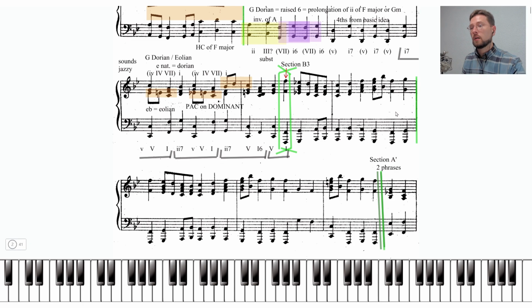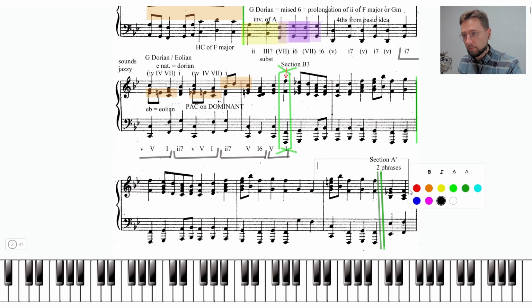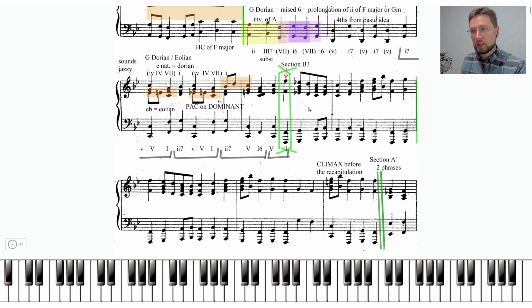So that was the culmination, in my opinion, because it's the climax before the recapitulation. And what Mussorgsky is doing, it's a standing on the dominant.